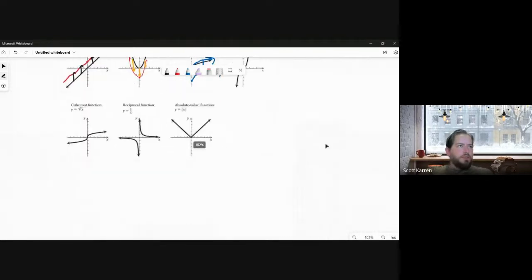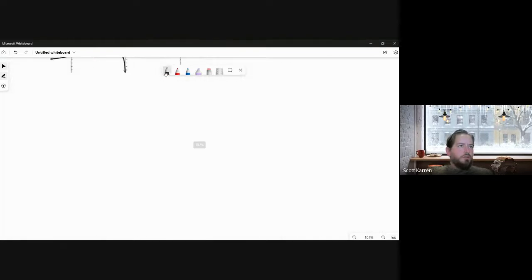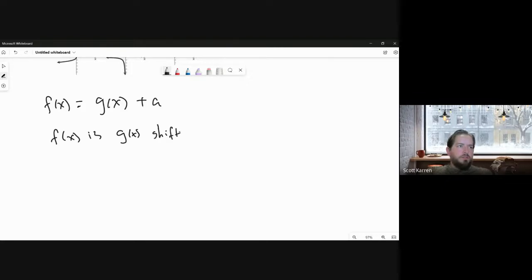If I have, say, the graph of f of x, and that is just some function plus or minus some number, right? Then f of x is just g of x shifted up and down by a, right?